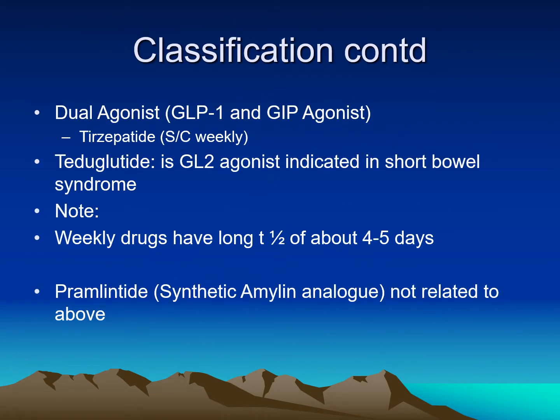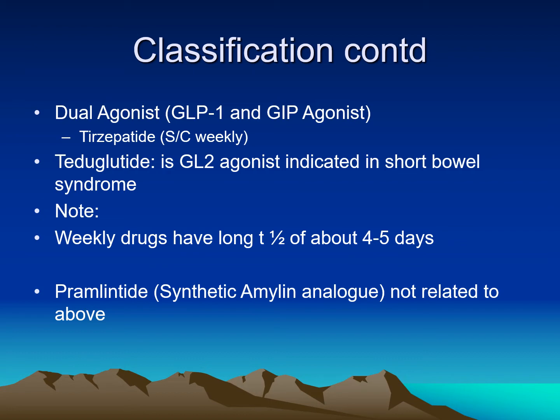Later on, dual agonists have also been developed, and one of the drugs is tirzepatide, which acts on GLP-1 and GIP receptors. This agent has proved to be very useful in the management of type 2 diabetes mellitus when given subcutaneously once a week. So the therapy becomes easier.